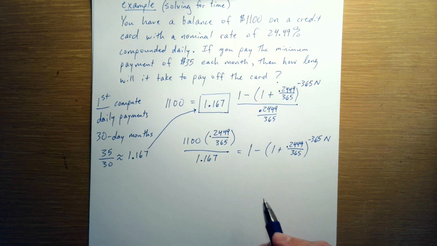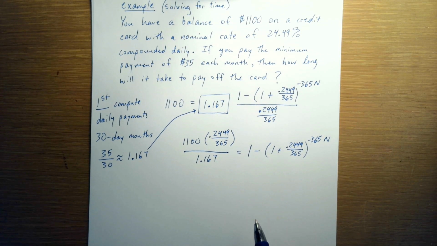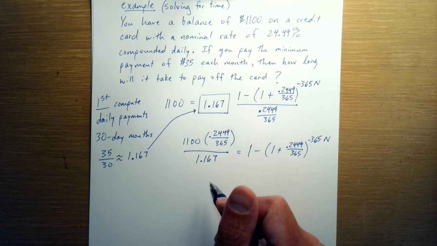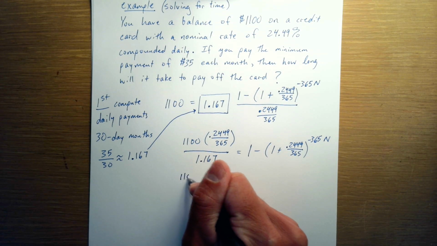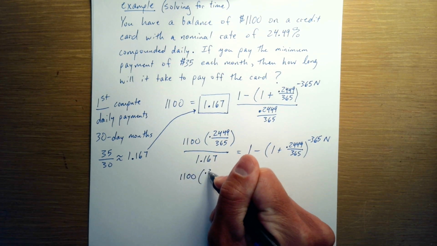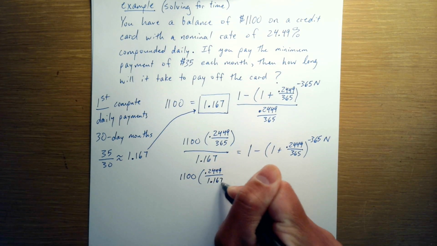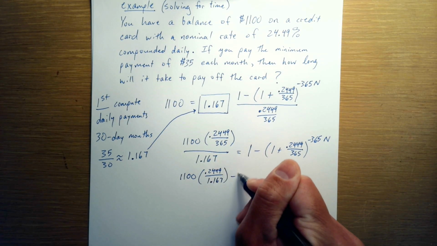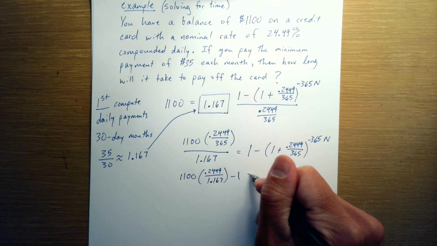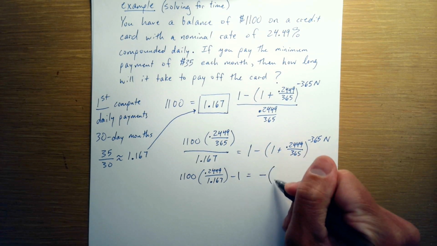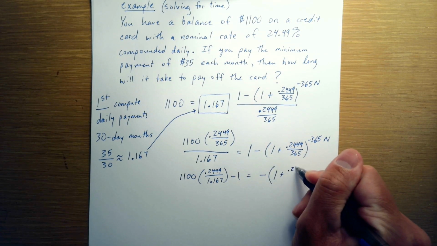So let me get an approximation of this first. Yeah, so if I take this 1 over, it's going to be minus 1. And then over here I have negative what's left.